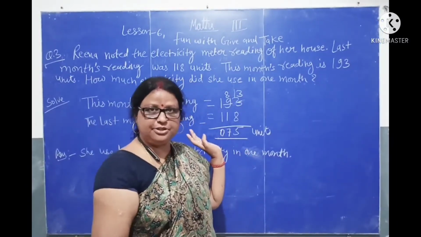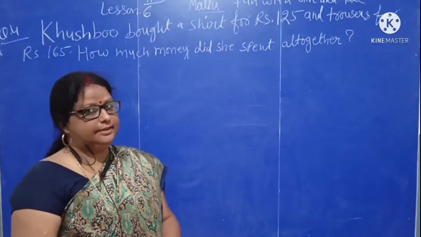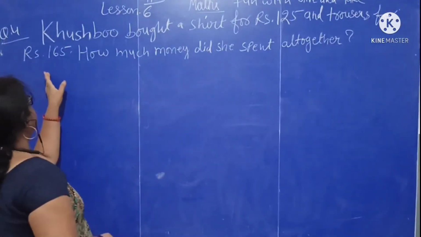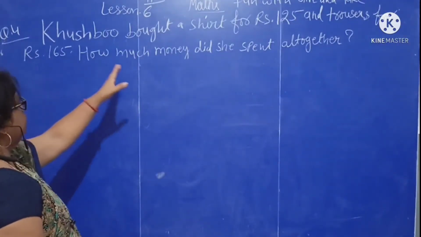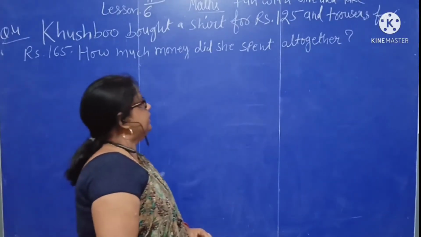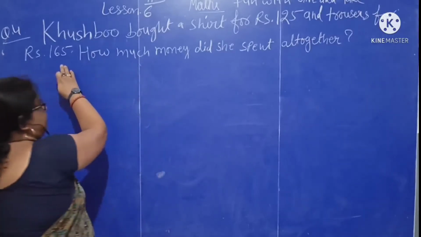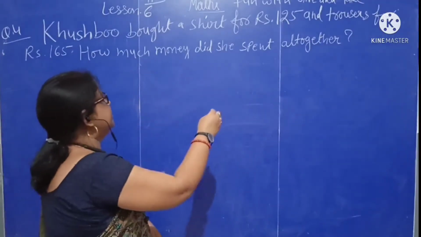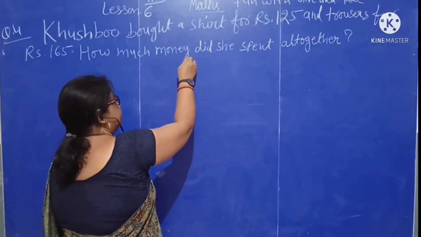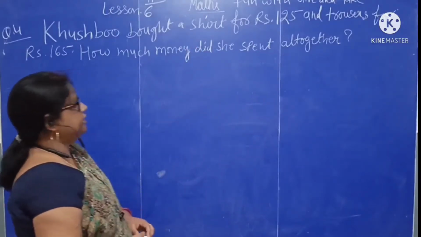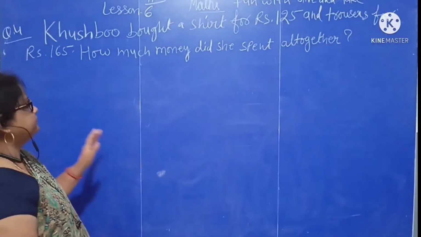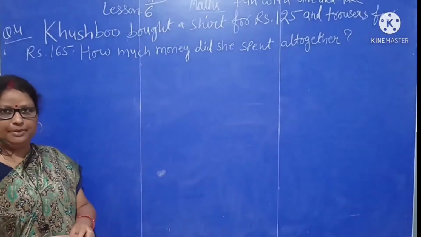Let's solve the next question. The next question is 4. Khushbu bought a shirt for rupees 125 and trousers for rupees 165. How much money did she spend altogether? Khushbu went shopping.